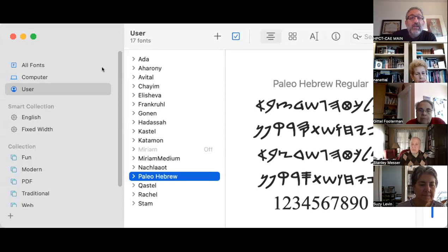I just pulled this up, and there happens to be somebody who made the fonts. So: Aleph, Bet, Gimel, Dalet, Hey, Vav, Zayin, Chet, Tet, Yud, Chaf, I guess. So that's what it looks like.